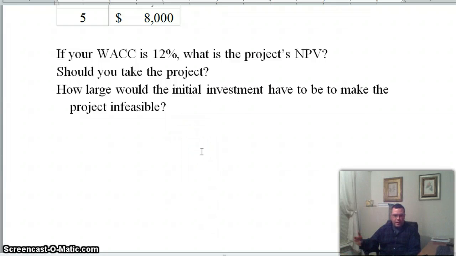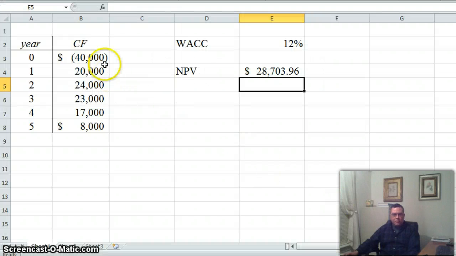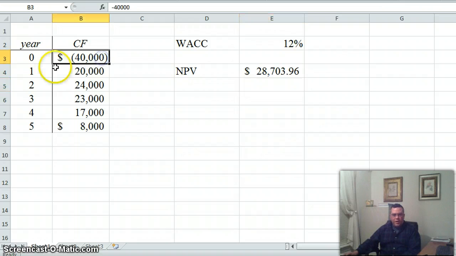This is sort of a little bit of a sensitivity analysis just to see how it works. This is real basic. But we're saying, let's just vary one variable. Let's just vary year zero. And let's see at what point does it make this net present value negative to where it's a bad project, where it's actually negative equity, so to speak. If we take this project, we're losing money.